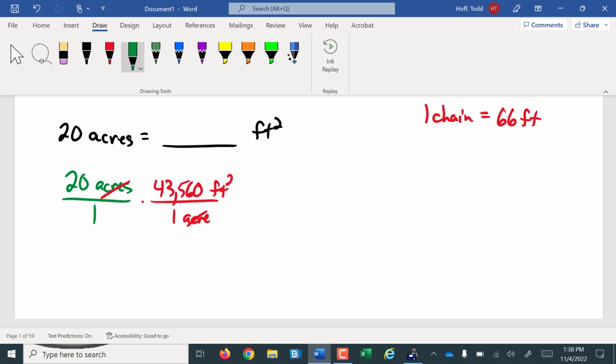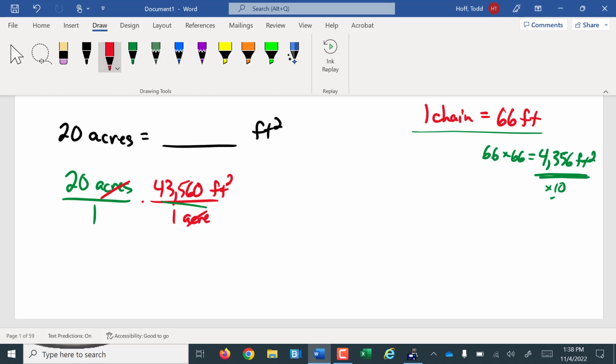So the way to remember, if you forget acres, if you remember that one chain is 66 feet, 66 squared, or 66 times 66, is 4,356 square feet. And an acre is 10 square chains. So you square the 66 and then times 10 gives you that conversion.